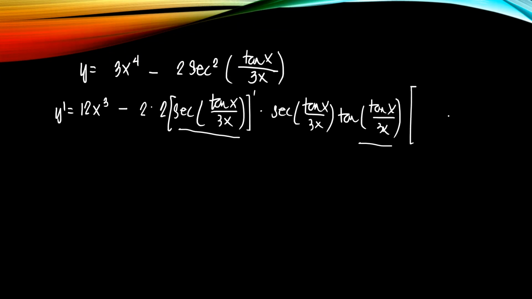For the quotient, low, d high is secant squared minus high, d low is 3 over low squared. You understand how to get it, guys? Sige, next.